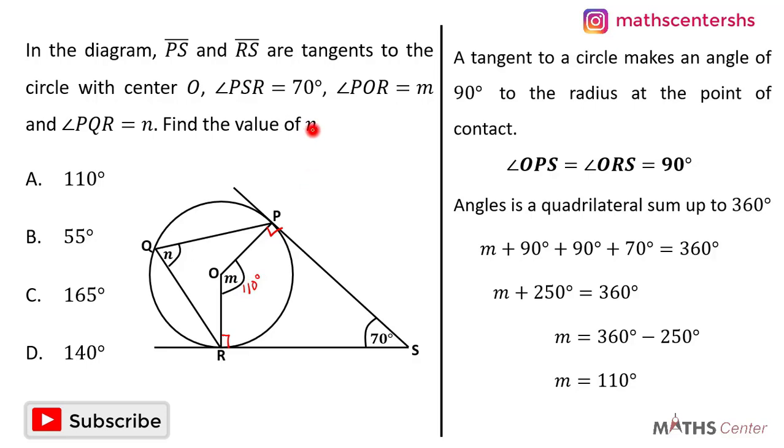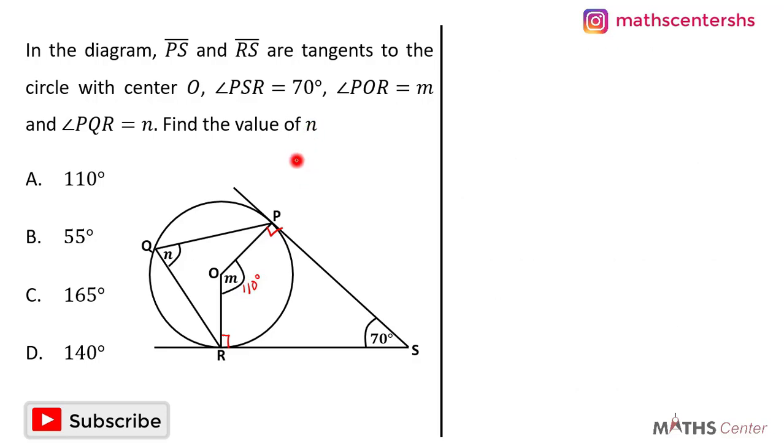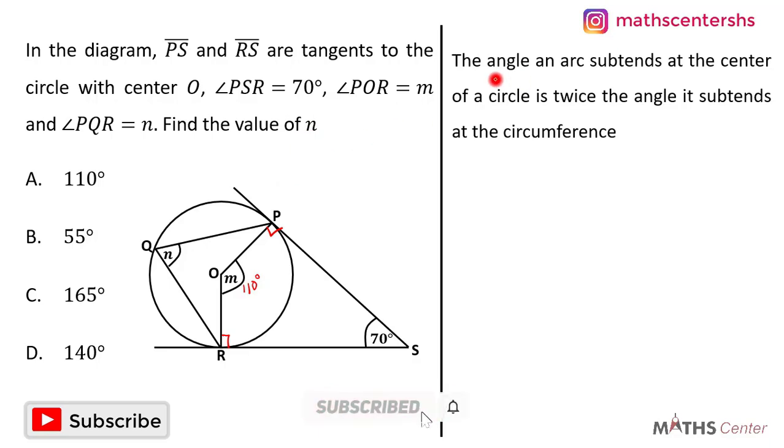But we are looking for N. One of the theorems of a circle is that the angle an arc subtends at the center of a circle is twice the angle it subtends at the circumference. In this circle, we can see that the arc PR subtends the angle M at the center, and at the same time it subtends the angle N at the circumference.